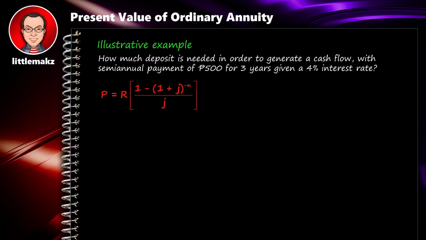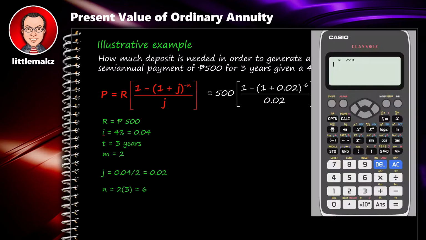We try to do some calculation of our present value using our formula, indicating the values of your R, 500 pesos, your I, which is 4%, our T is 3 years, M is 2, J now is 0.04 divided by 2. That is 0.02, and your N is 2 times 3, 6. We've got 6 periods to use in our payments.